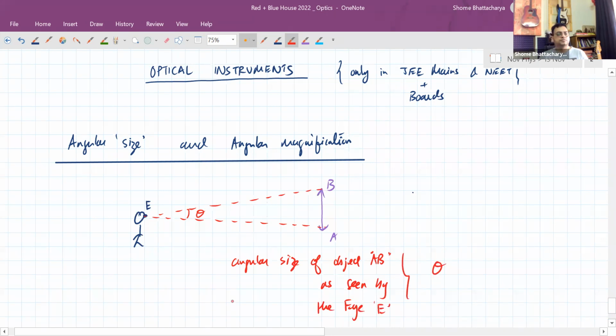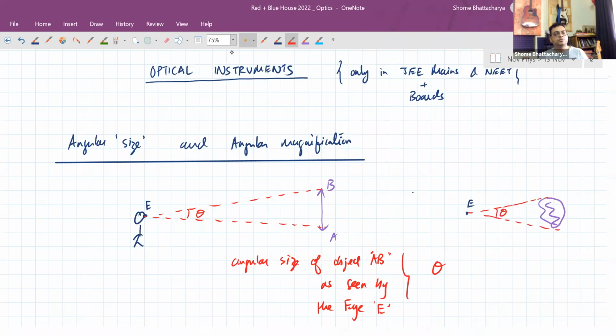That is theta. Okay. So even if it is some odd shaped object like this, and this is the location of the eye, the overall angular size will be just the total angle spanned by this.